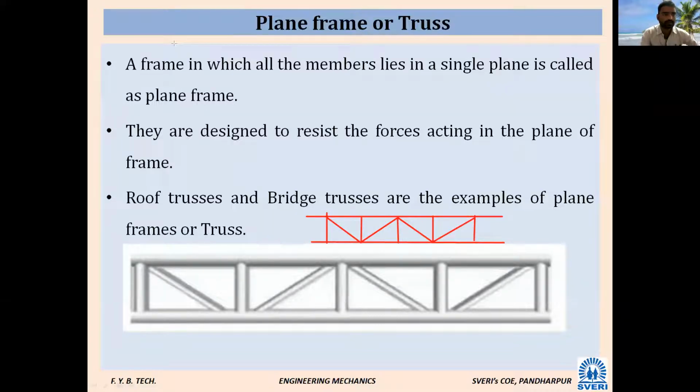And if you want to show, you can make a thick node. It means this is pin connected, pin jointed. So this is the example. The same figure I have drawn like this.